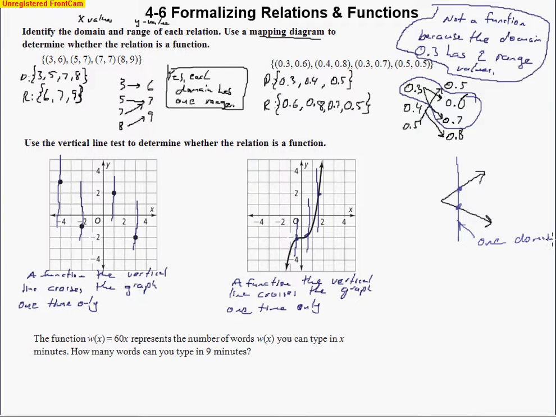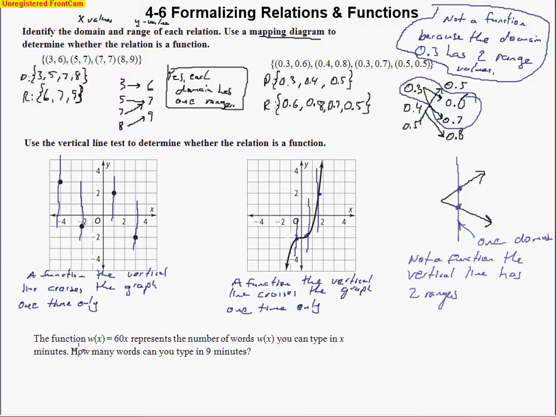The x value, there's only one x value for it, no matter what it is, and it's crossing in two spots. So this is not a function because the domain, or the vertical line, has two ranges. This one domain has these two ranges, and so that's why it's not a function.